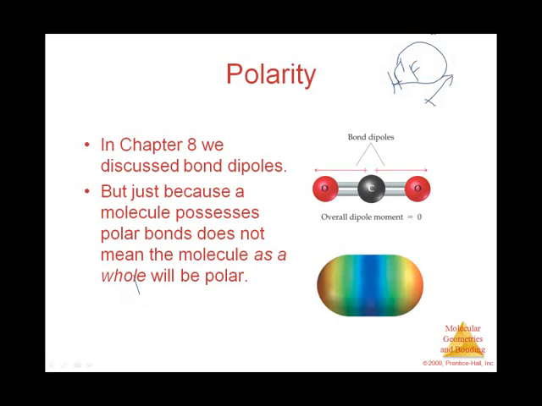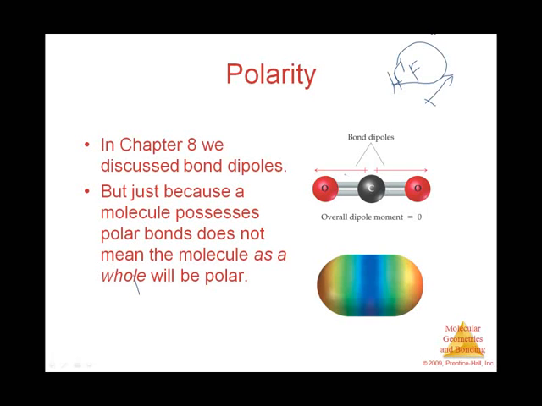So I can have a molecule where I have polar bonds. In this case, carbon and oxygen are polar, right? Oxygen is more electronegative than carbon, so the dipole goes this way. And I've got the same thing on the other side, the dipole going the opposite way. And the overall dipole for the molecule is 0, because if you add these two vectors together, they cancel each other out.